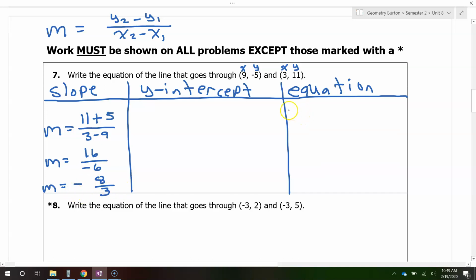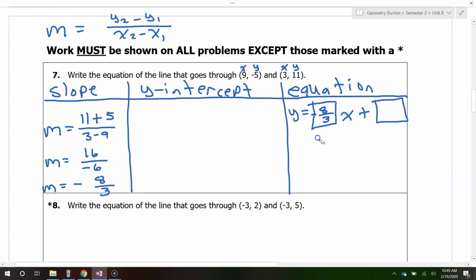Now remember, when I do these equations, it's always going to be y equals something x plus something. The slope and the y-intercept. Well, we just found the slope, so we might as well go ahead and substitute that in. So we have negative 8 over 3. That's going to go right there in the first box.